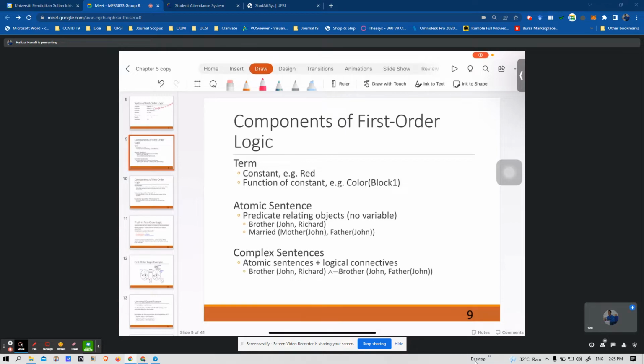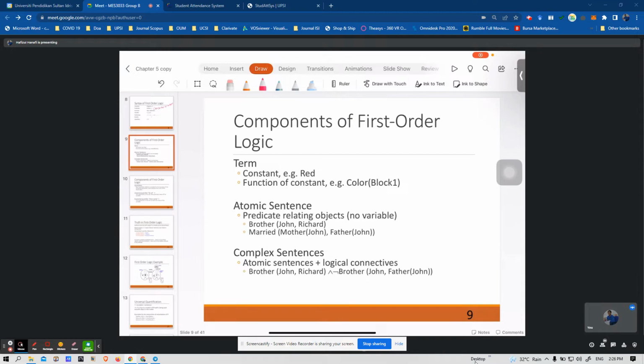This one is a function that describes the terms in the domain of discourse. And for the atomic sentence, we have a predicate relating the objects with no variable, for example, John is the brother of Richard, or Mary is John's mother, Mary is John's father. This is how you pronounce the atomic sentence.